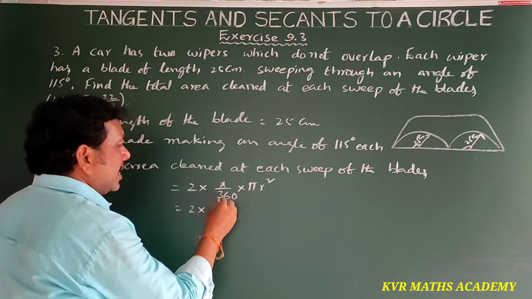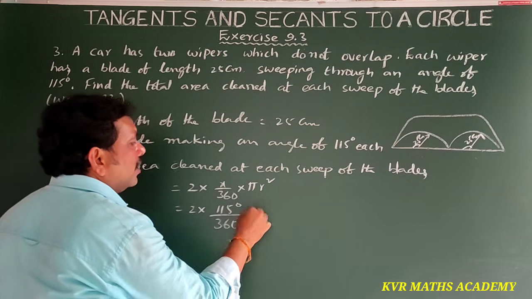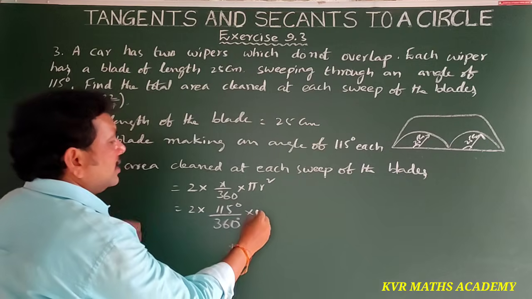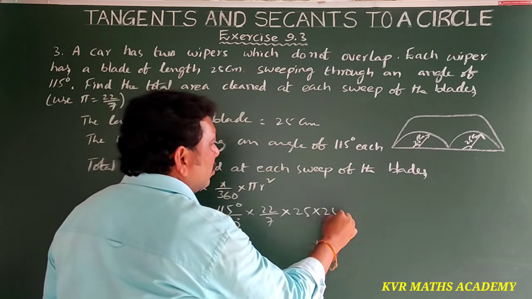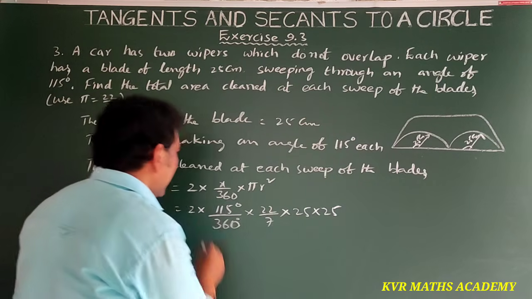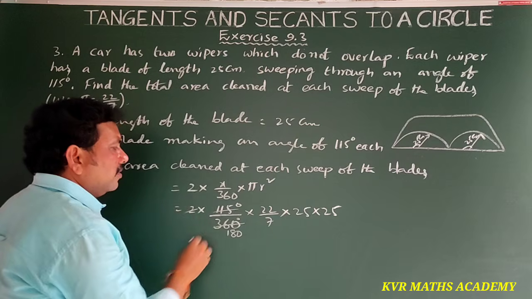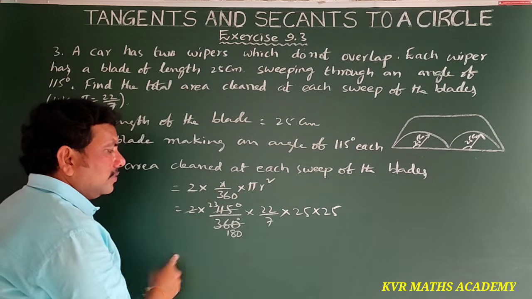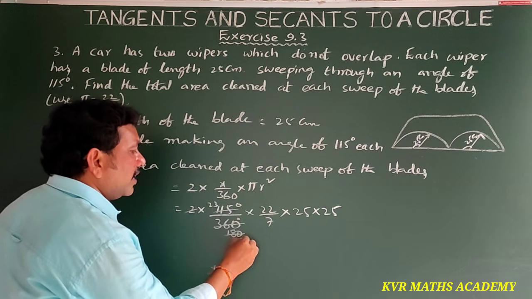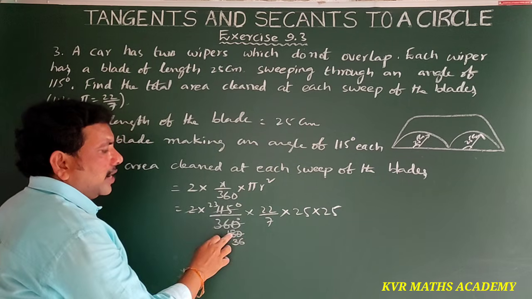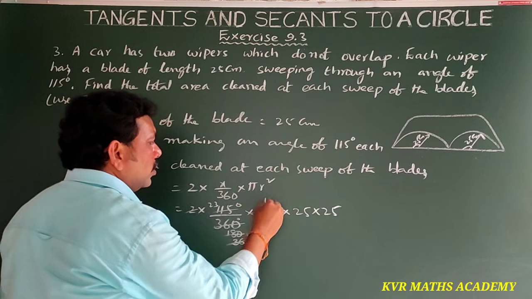Yes, that is good. 2 into x, which is 115 degrees, by 360 degrees into pi. How much do we have to take? 22 by 7 is given, into radius 25 into 25. Yes, 2 into 180 gets cancelled. Next, 5 23s are, 5 3s are 15, 5 6s are 180, 2 18s are, 2 11s are.